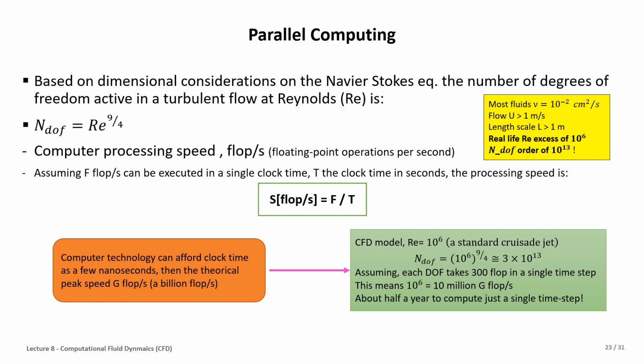But with the nanosecond, the theoretical peak speed for this kind of CFD problem with the Reynolds number 10 to the 6, which has 10 to the 13 degrees of freedom, where each degree of freedom takes 300 flop in a single time step, means 10 to the 6 million gigaflop per second is required. It's about a year to compute just a single time step with the power of the nanosecond or gigaflop per second.